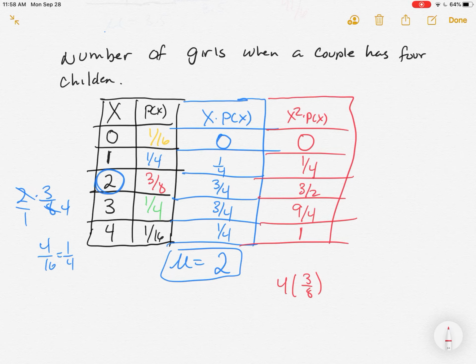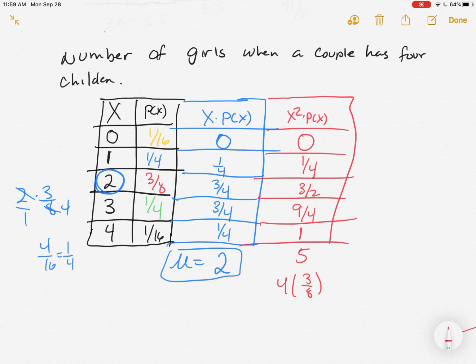Okay, and so let me make these all 4s. Or just do 1 divided by 4 plus 3 divided by 2 plus 9 divided by 4 plus 1. And we get 5 out of that. Does that make sense? So 1 plus 9 divided by 4 plus 3 divided by 2 plus 1 divided by 4, yeah, is totaling up to be 5.